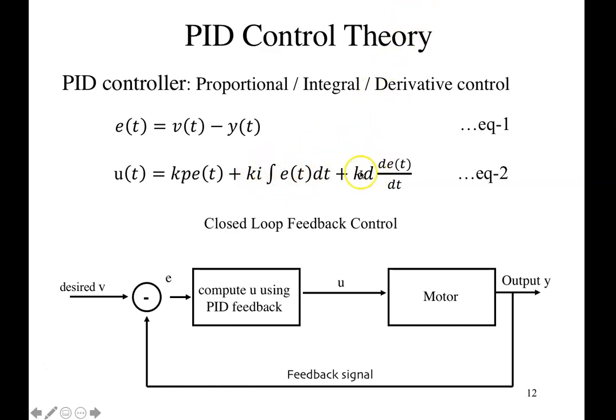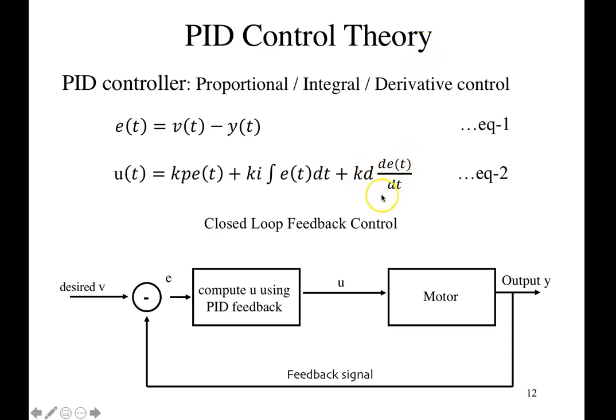The third term is known as the derivative, or D term. Kd is a control gain, the third control gain, or the D term gain, we tune. And this term is proportional to the derivative of the control error.